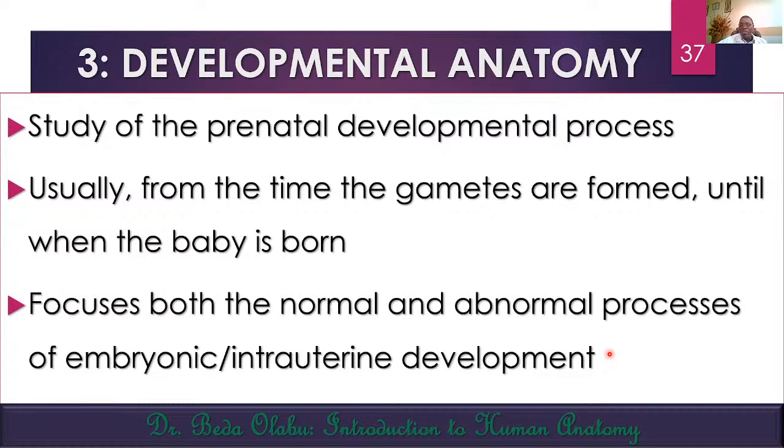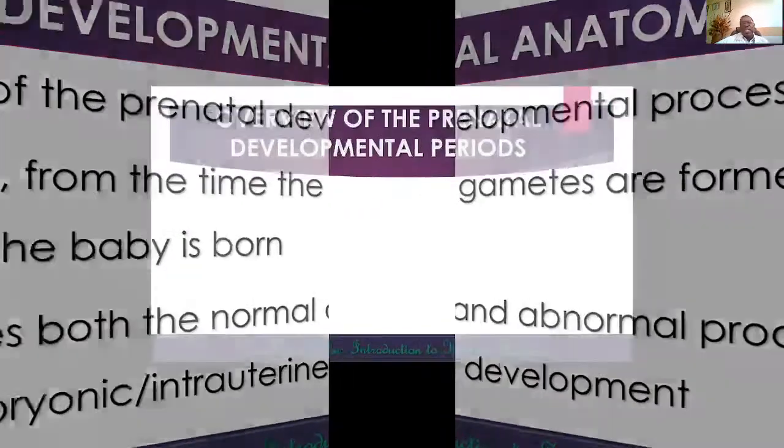Assume a baby has been born and you wonder, are they male or are they female? You can't tell. Or this baby has been born and they only have one eye in their forehead instead of two that we expect. How do we explain this? This is a division of anatomy that tries to explain the basis of malformations.